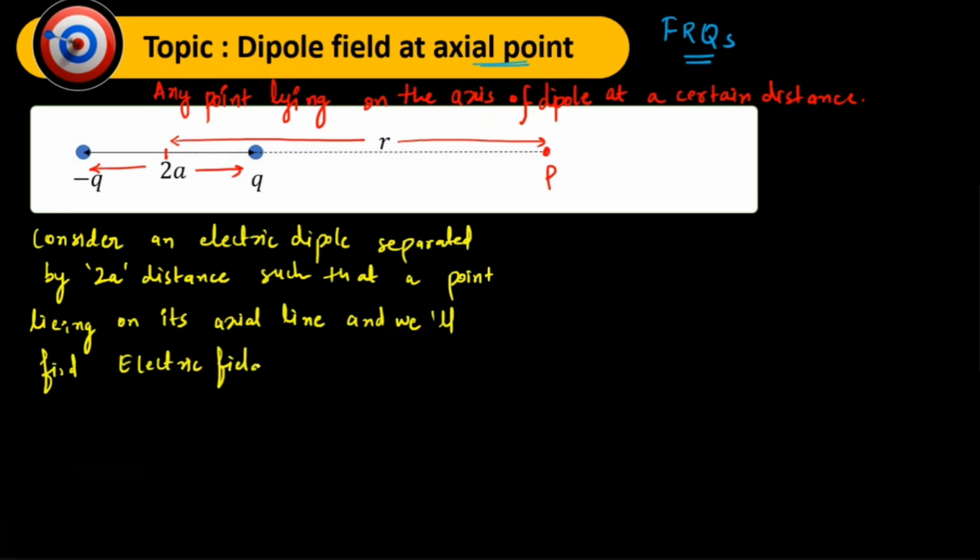So we'll try to find out the electric field at this particular point, which is called the axial point.